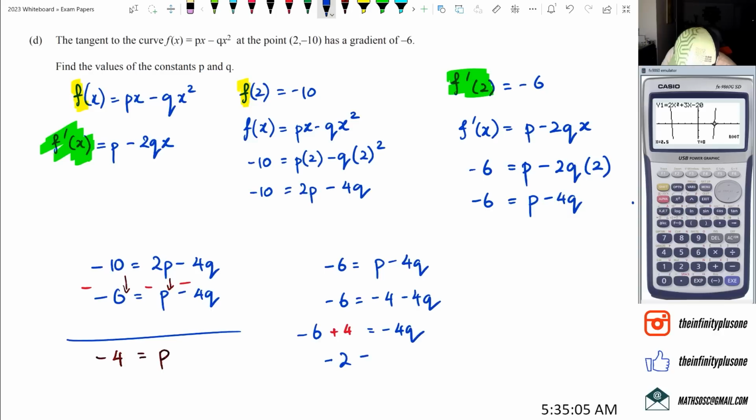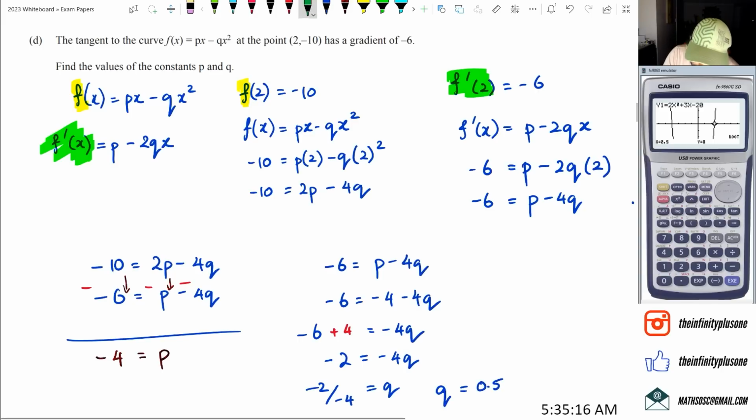So I've got -2 is equal to -4q, and q is equal to -2 divided by -4. So q is equal to 0.5.